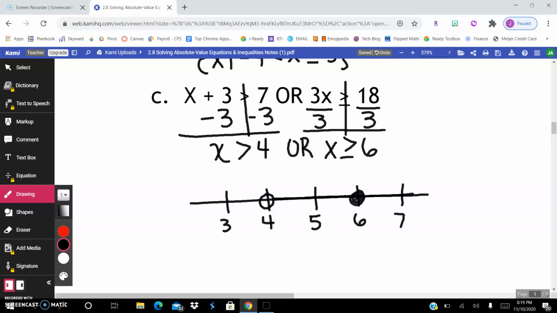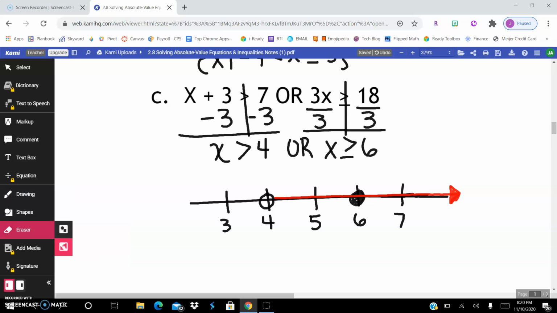We're including 6, and x is greater, so we're going to shade this way. So since this is an or, it's one or the other one. We started here at 4, and we shaded all the way over in this direction. So anything in the red would be a solution in this case.